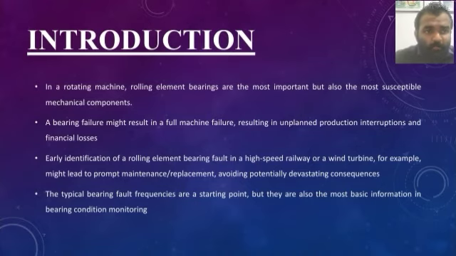Early identification of a rolling element bearing fault in a high-speed railway or a wind turbine, for example, might lead to prompt maintenance or replacement, avoiding potentially devastating consequences and human loss caused by sudden failure of a vital mechanical component. The typical bearing fault frequencies are a starting point, but they are also the most basic information in bearing condition monitoring.